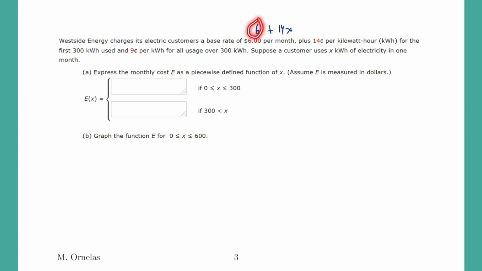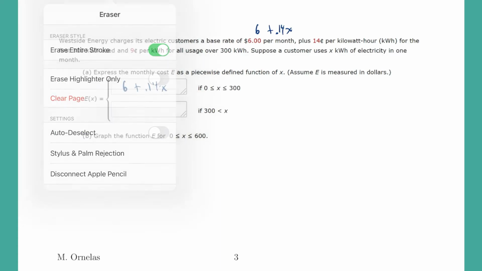So you just have to be careful because this represents dollars, this represents cents. So you need to put a 0.14 to turn this into dollars. So this would be your formula for between 0 and 300 kilowatt hours. So 6 plus 0.14x.